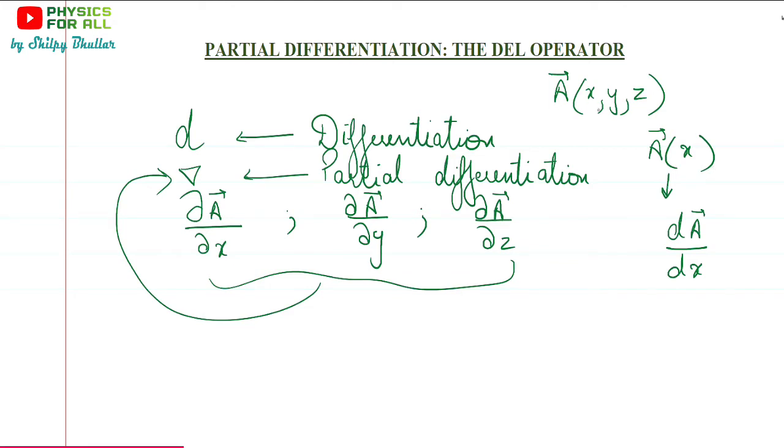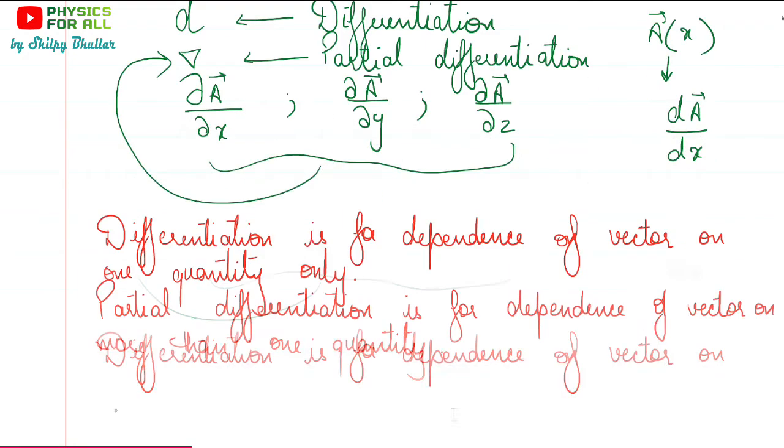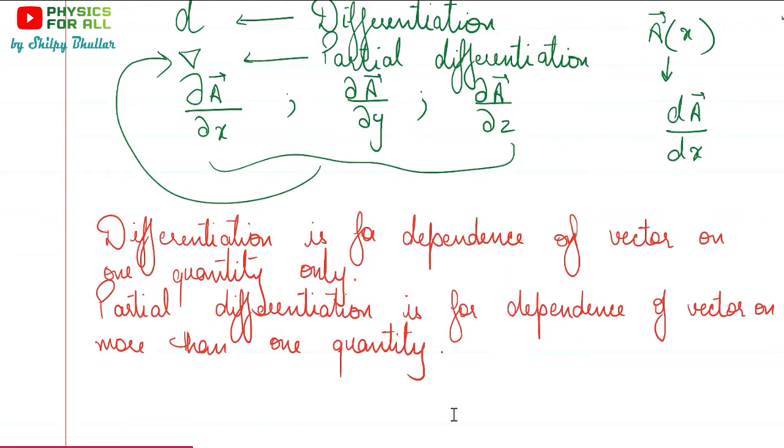But if A is depending on more than one quantity, then you have to take partial differentiation. So always remember, differentiation is for when dependence is on one variable, one quantity, and partial differentiation is for when dependence is on more than one quantity. This is an important observation, important rule to remember.